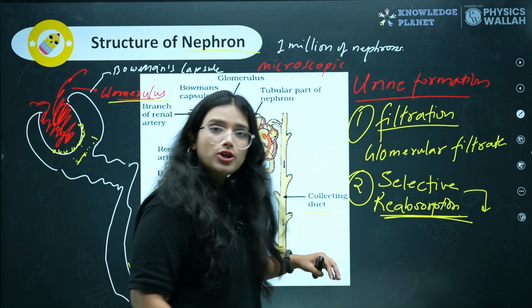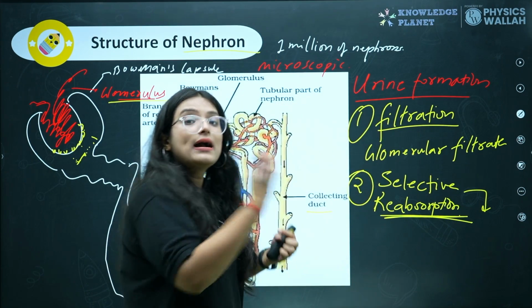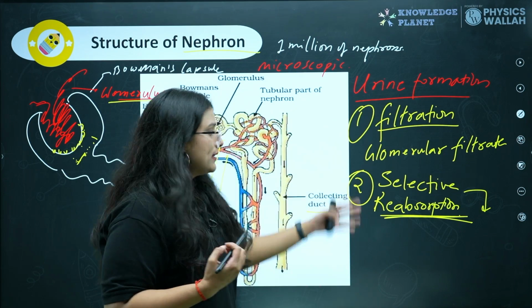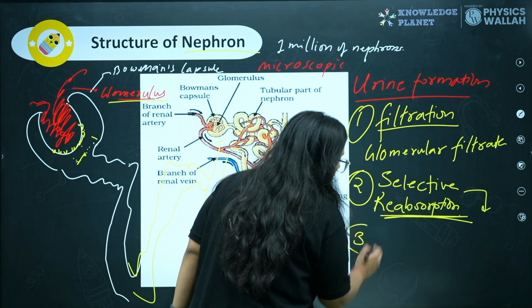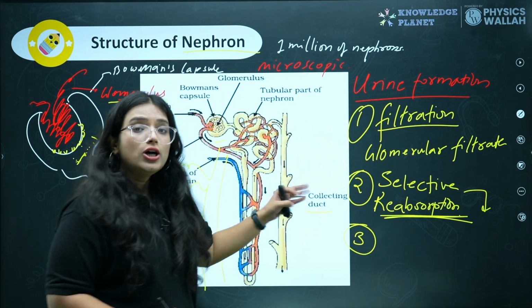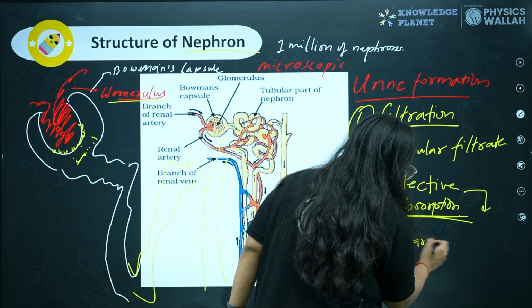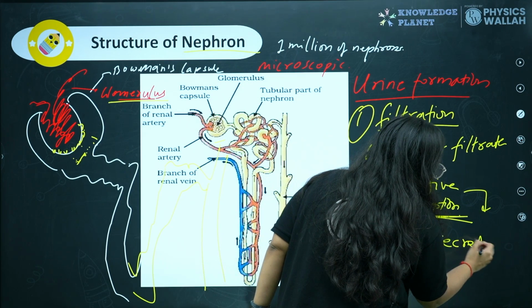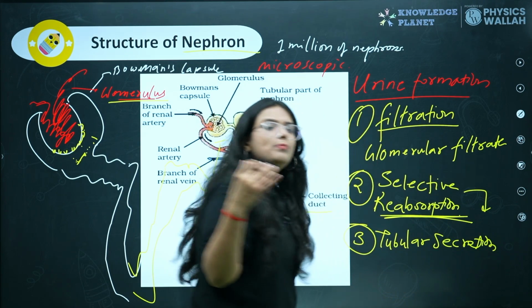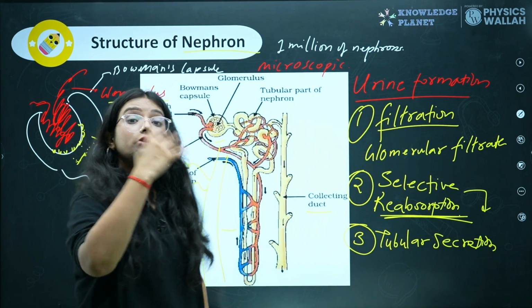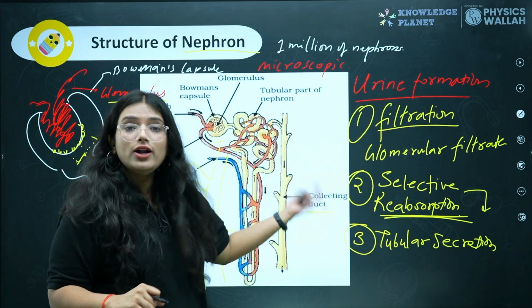So that is reabsorption. Why reabsorption? Because we are taking it back into the blood vessel. Then let's talk about the third step, which is tubular secretion. When we were reabsorbing, some amount of water was also reabsorbed, so we need to get rid of it as well.